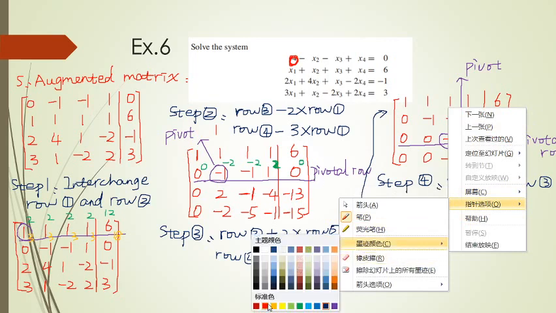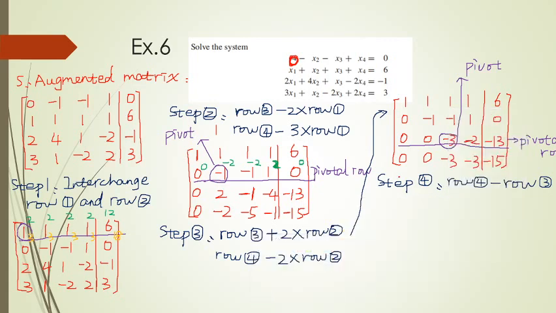The new augmented matrix. We will keep the first 3 rows. 1, 1, 1, 1, 6. And then the second one 0, minus 1, minus 1, 1, 0.